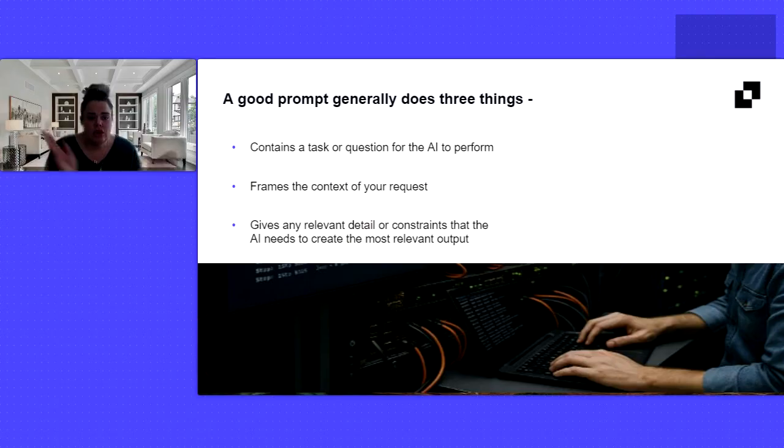A very basic rule of thumb: a good prompt generally does three things. We have a task or question for the AI to perform, it frames the context of your request, and then it gives any detail or constraints that are needed to create the most relevant output. So make sure that you're clear on what you're looking for.